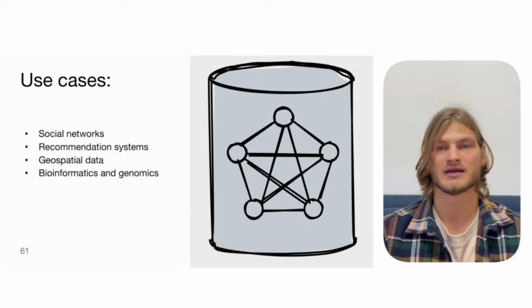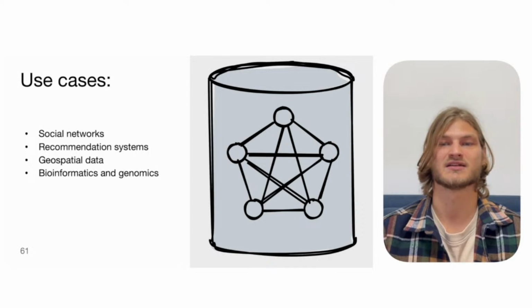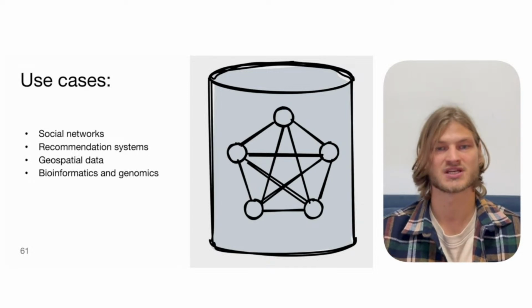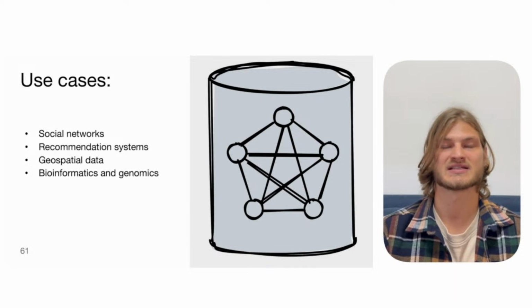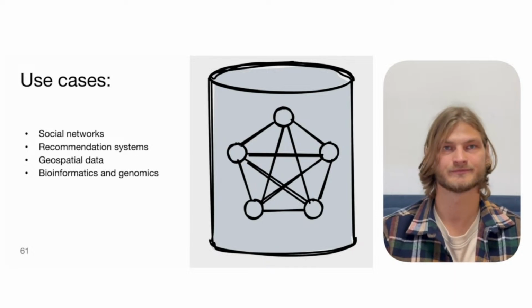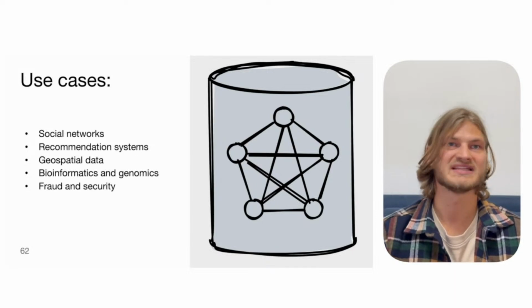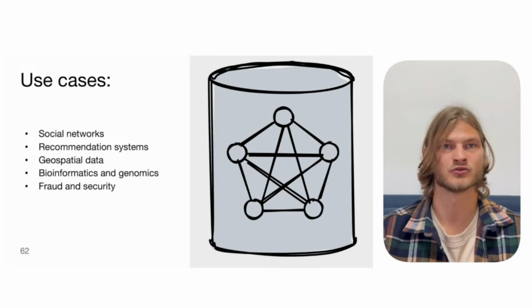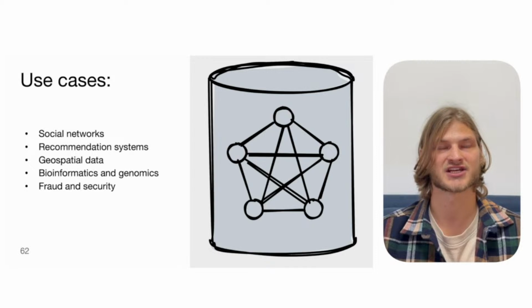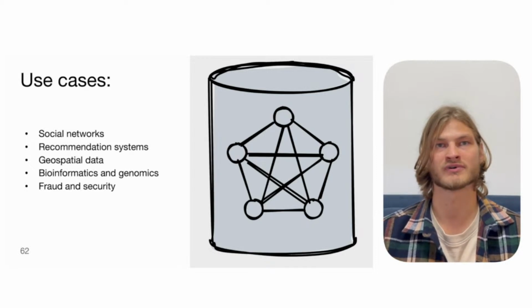So it can be used for analyzing genetic data, gene and protein relationships, as well as metabolic pathways. It is also used in fraud and security to analyze networks and connections, prevent fraud, and enhance security of systems and applications.